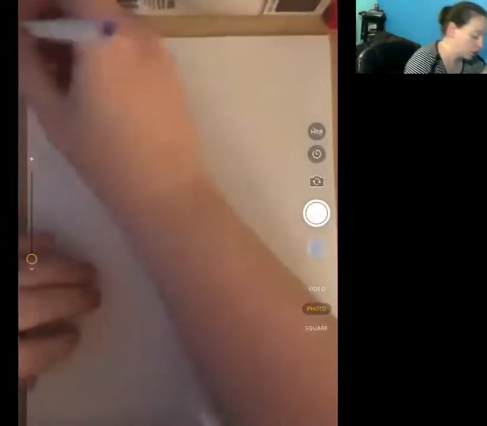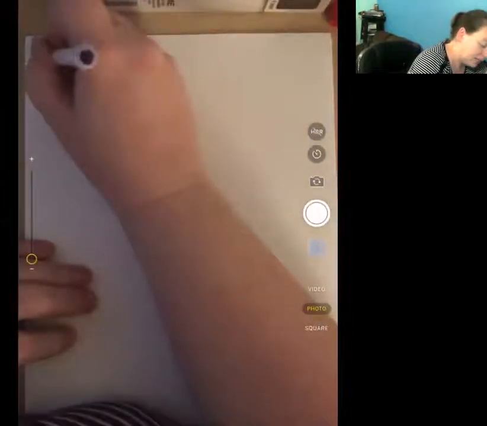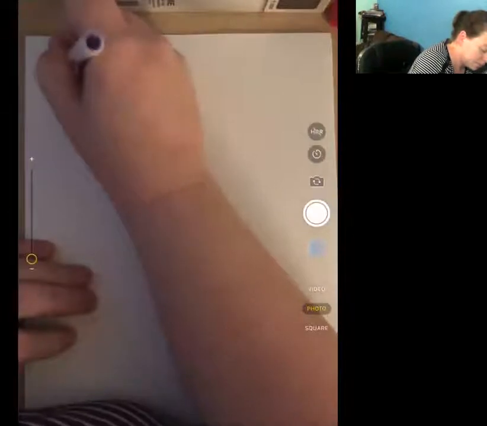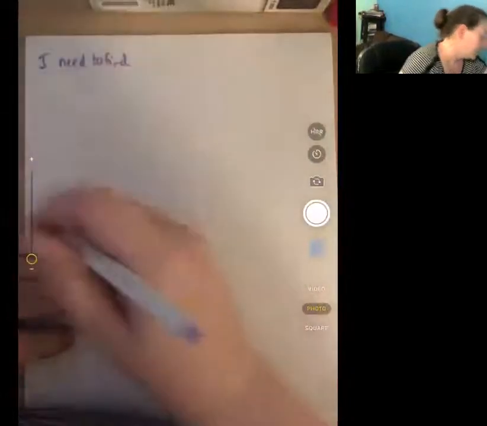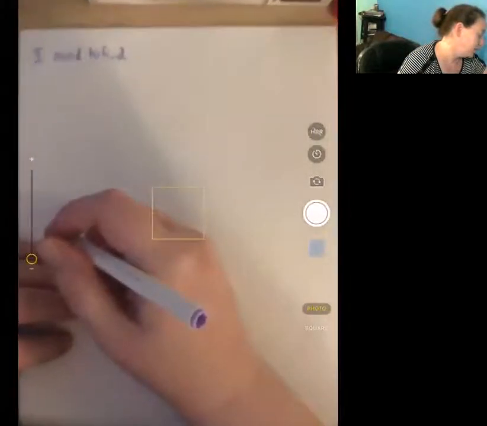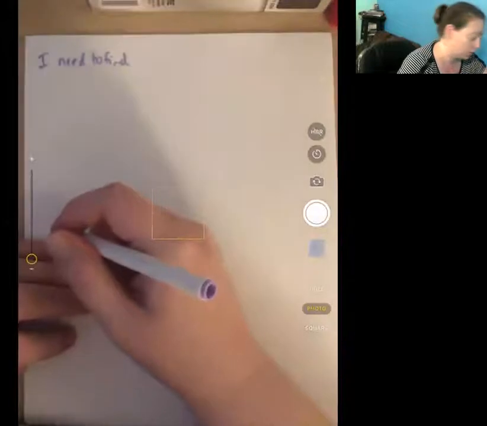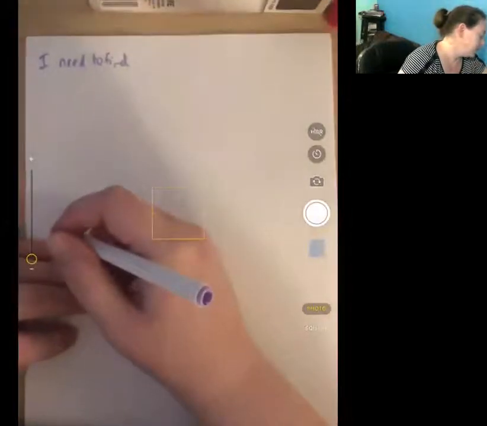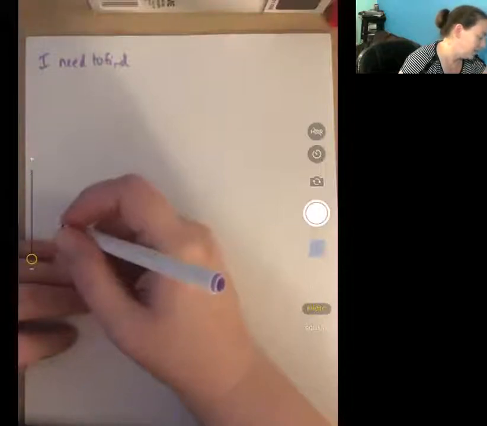So our question, what do I need to find? We always start with our question. I need to find the area of the dig site.